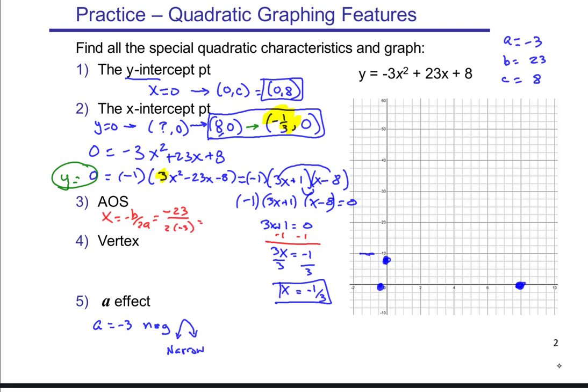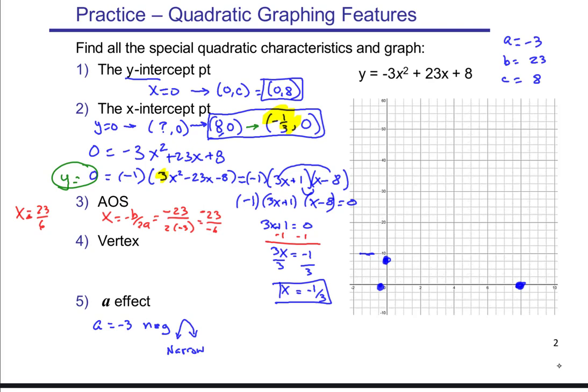And this equals negative 6 and negative 23. So the negative 23 on top and the negative 6 on the bottom, it does not reduce at all. The axis of symmetry is 23 over 6.